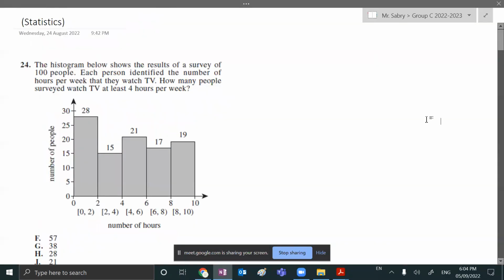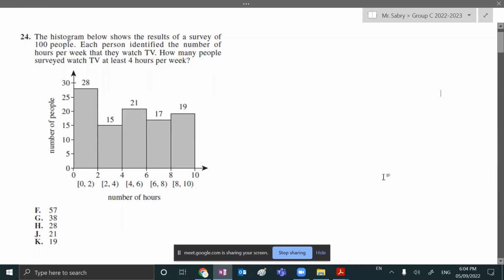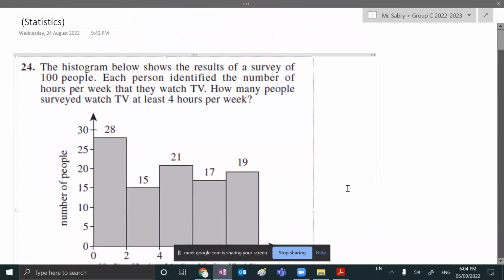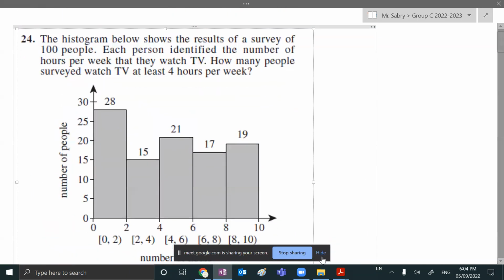So check this. This one is not really detailed statistics, but it starts with the basics of statistics, which is just a survey. So check it out, and then I'll move down. Okay?